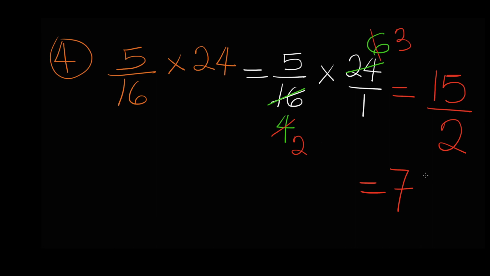It's going to remain 1, and then over 2. So that means your final answer is 7 whole number 1 over 2. That is your final answer. Alright, this is interesting.